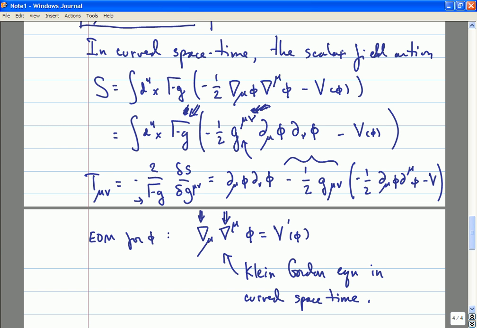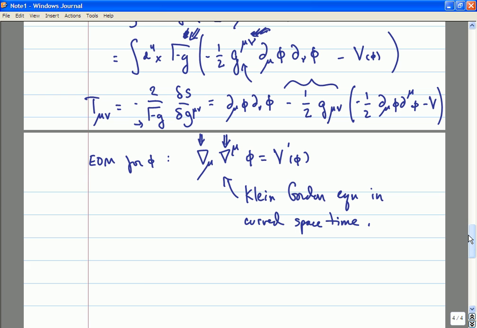So this operator, the second-order differential operator that's appearing on the left-hand side of the Klein-Gordon equation, is not the same as it is in flat space. It has some corrections due to the curvature of spacetime. And we often give a name to this operator. We often call it the curved space Laplacian.